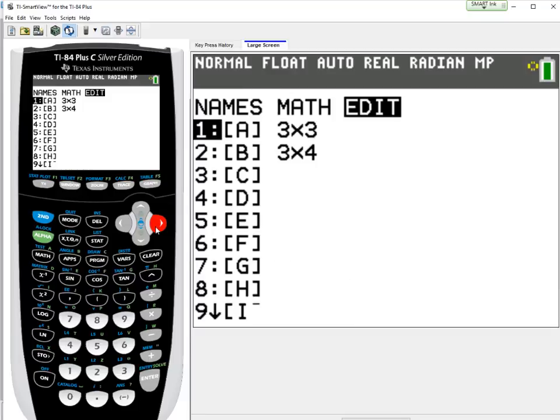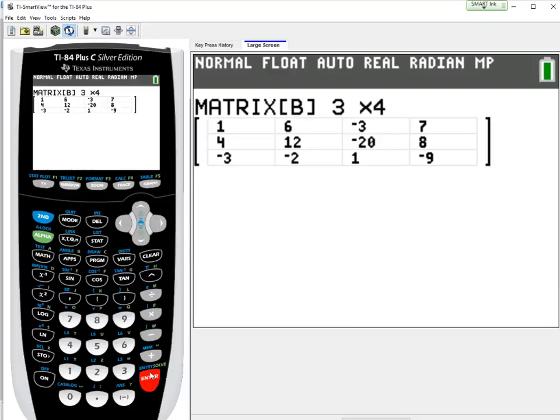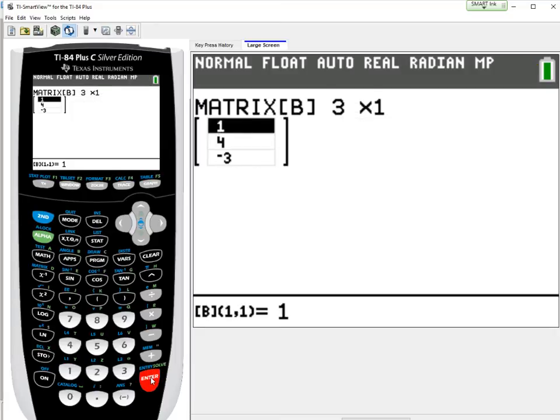What are the dimensions of it? 3 by 1, 3 rows, 1 column. And in here I'm going to put the answers, which were 6, -5 and 6. Now, can I multiply a 3x3 with a 3 by 1? Yes.